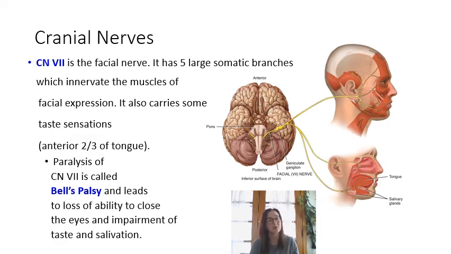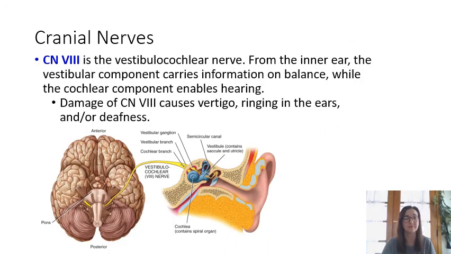In addition to being motor for facial expression, there is also a sensory aspect of this nerve. It's going to be sensory for some part of your sense of taste. So the anterior 2/3 of your tongue is going to be innervated here to give you a sense of taste in that region. Right.